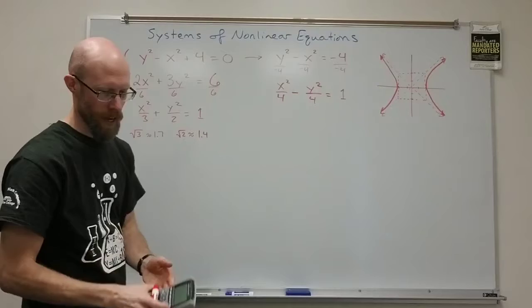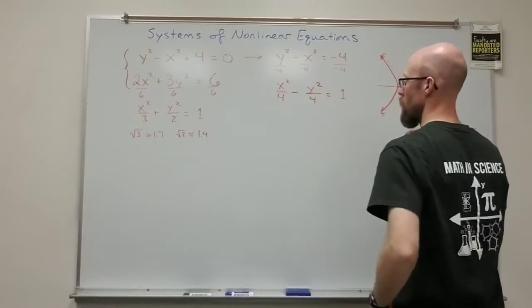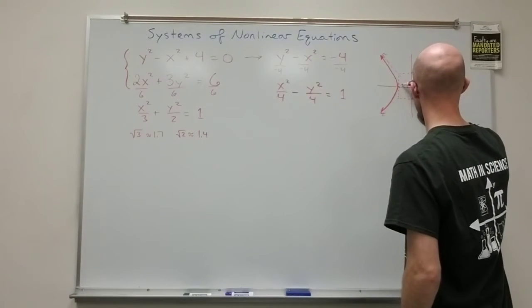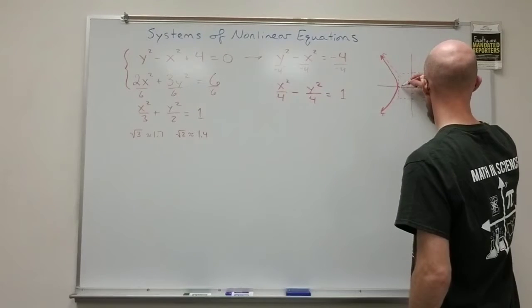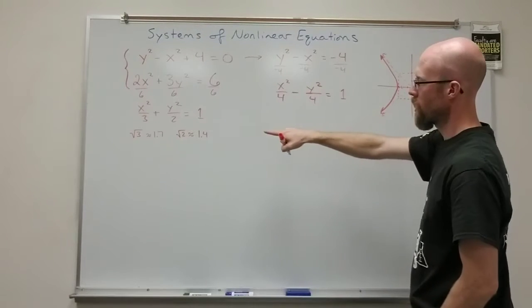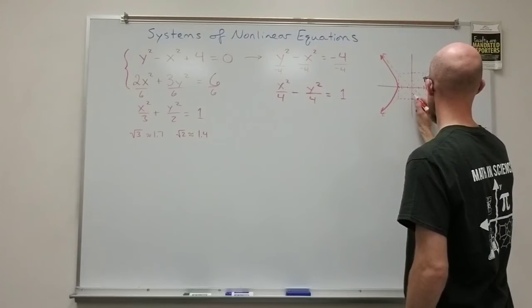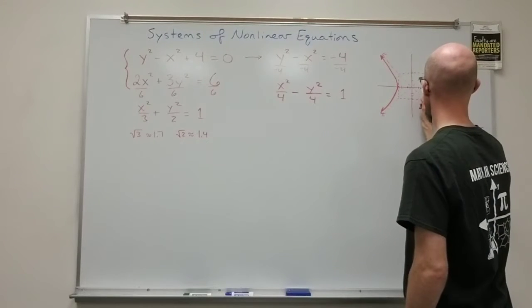And so in the x direction, my ellipse is going to be around 1.7 and -1.7, those two values. And then in the y direction, it'll be around -1.4, +1.4.